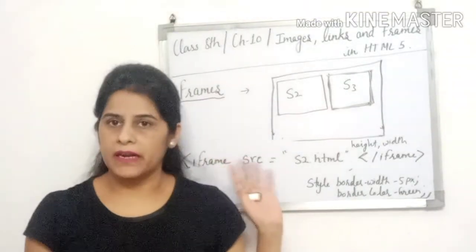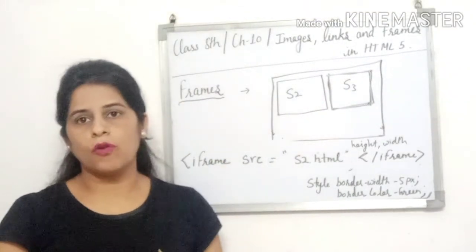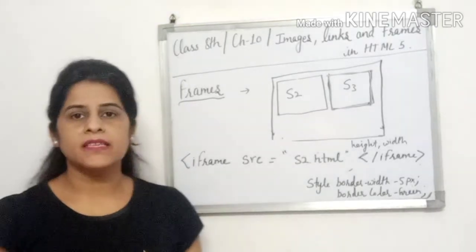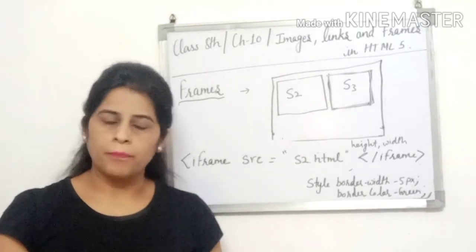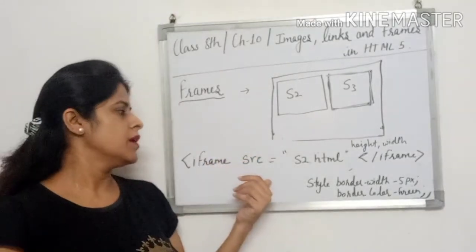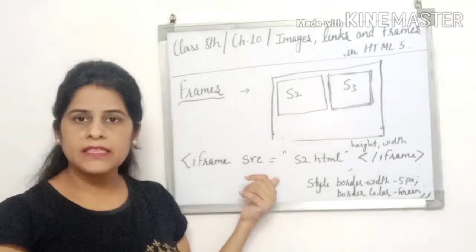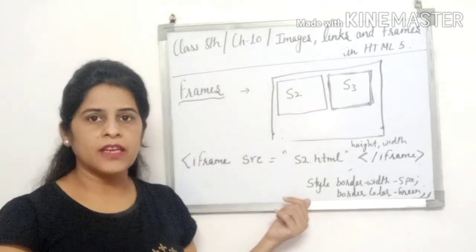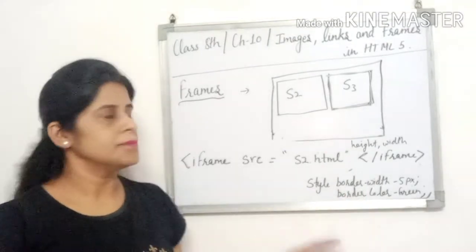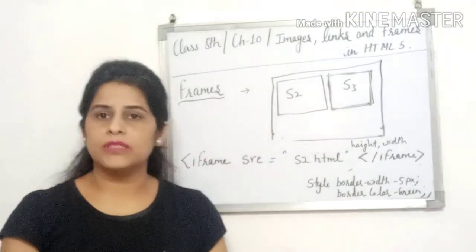Now we will do the practical session of this frame tag, how we can make the program in HTML by using these frame tags, and how we can run this program. I will tell you two programs: one is simple, how we can insert this, and secondly how we can apply the border width and border color here. So there are 5 to 6 programs.